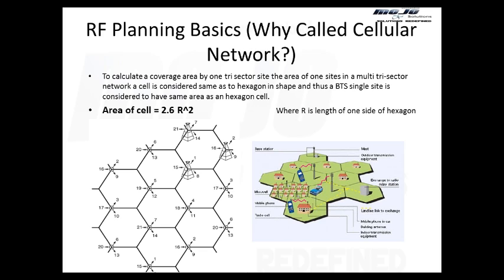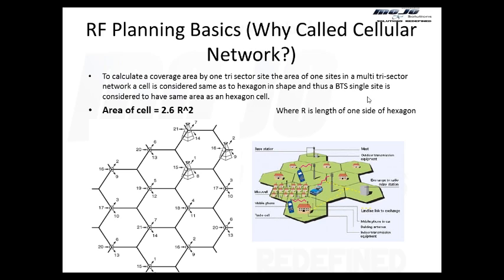Theoretically, the best way to calculate the coverage of the cells, if the sites are three-sector sites and they have a given cell range, is a complete theoretical calculation. The coverage area is calculated by considering each cell as a hexagon, as the whole network is considered to consist of hexagons.